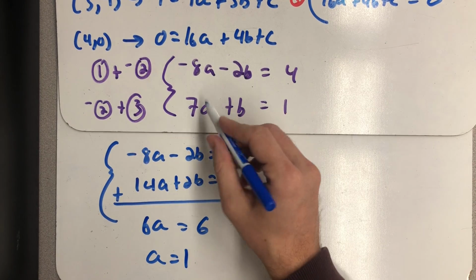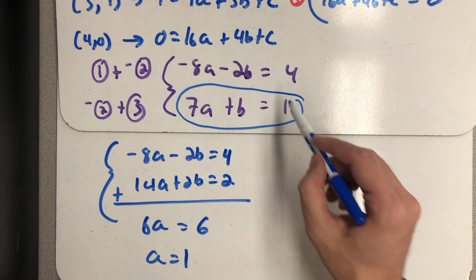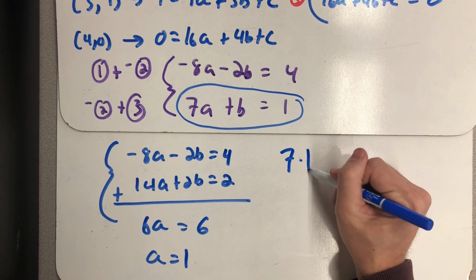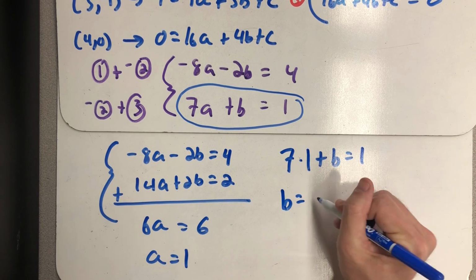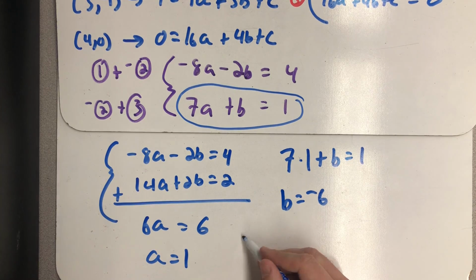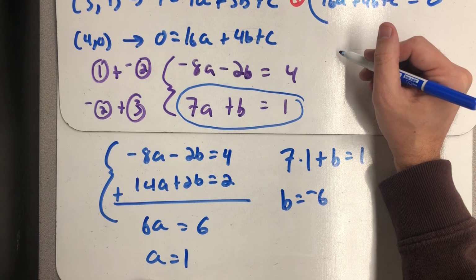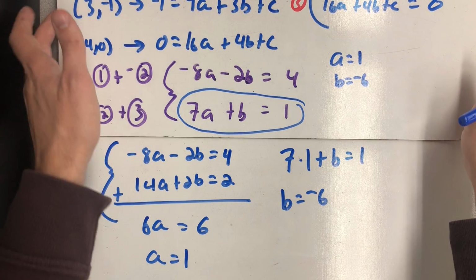All right, well, if a is equal to 1, I can use any equation on the board I want to, but I think this is going to be the easiest. 7 times 1 plus b is equal to 1. So b is equal to minus 6. And so now I have a and b. So a is 1, b is minus 6.